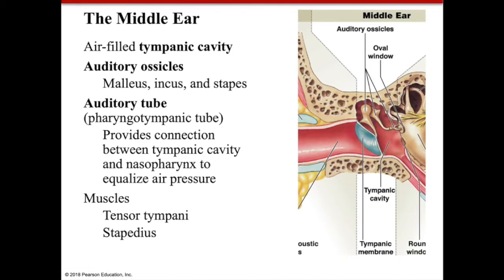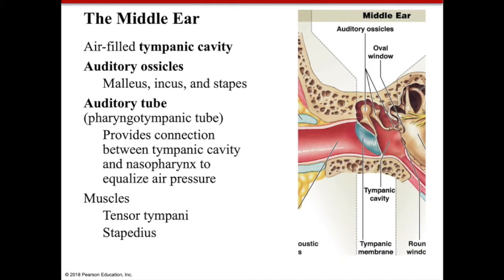And we have 3 ossicles, tiny little ossicles, the smallest of the bones in the body, which are the malleus, the incus, and the stapes. I have a slide for you in which I'll zoom in on the auditory ossicles, but I still would like to cover more details.